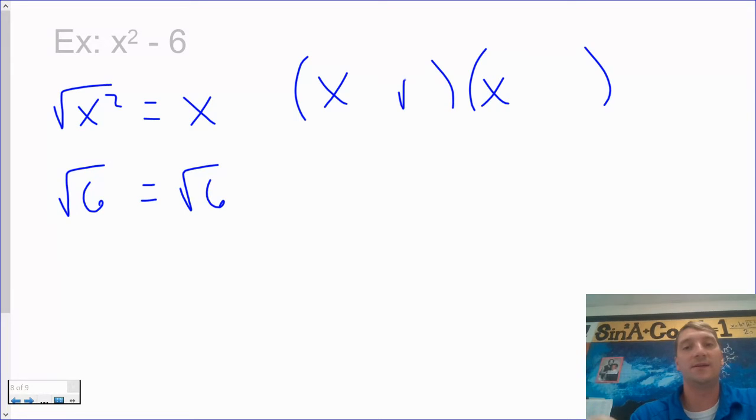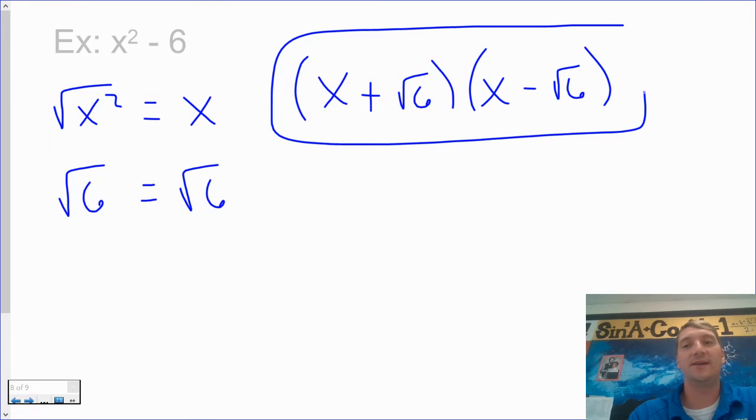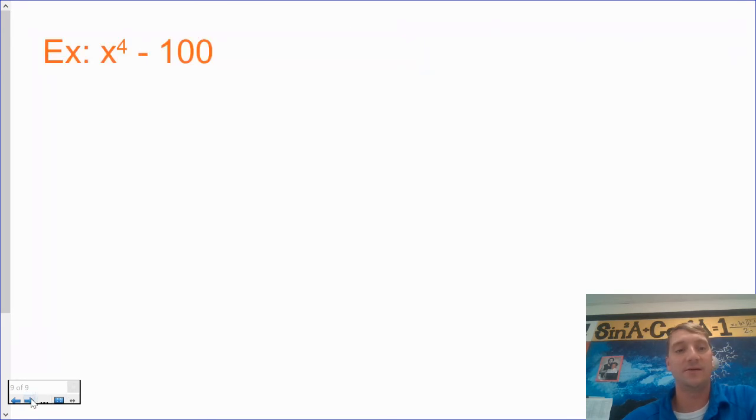The square root of 6, I can leave the square root of 6. And then one's a plus and one's a minus. So that's another way to kind of factor, although it doesn't look as nice as it usually does. And we won't always use that, but it's still worth mentioning that sometimes you can use difference of two squares in that case. But again, unlike the last example, it has to be a minus between them, which I do have here, which means I can't go a step further.